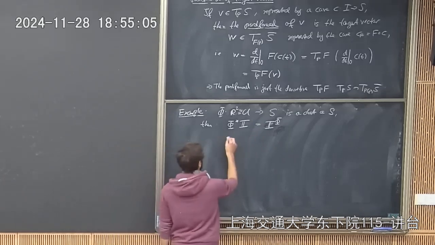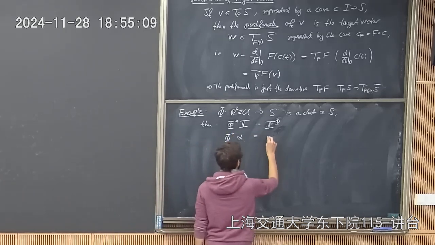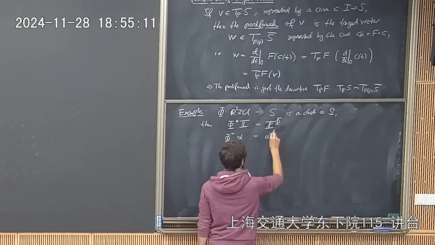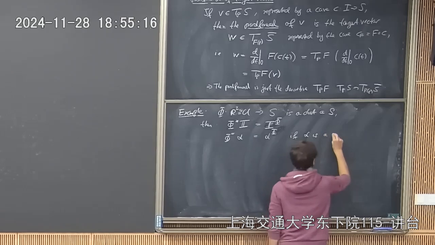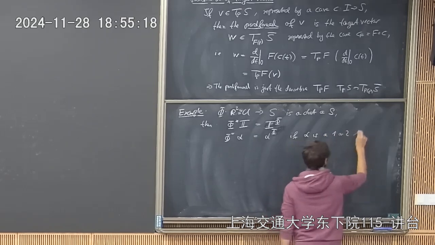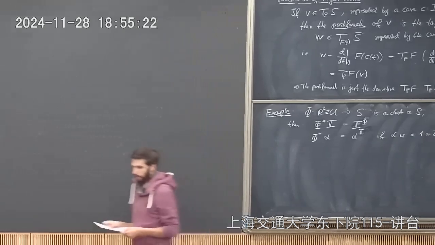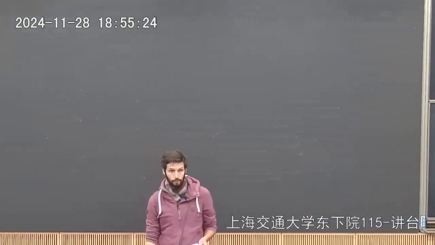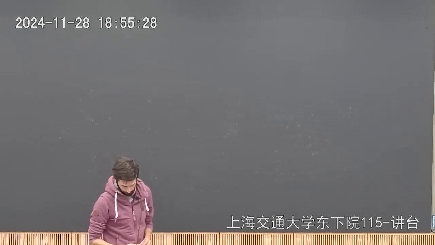In the same way, we also can pull back if alpha is a 1 or 2 form. So the chart representation would be one example where we have already seen these kinds of objects.